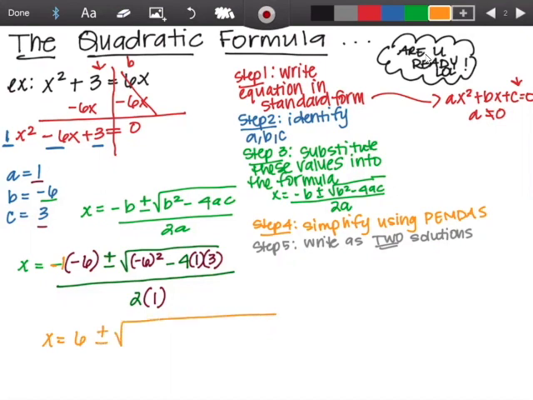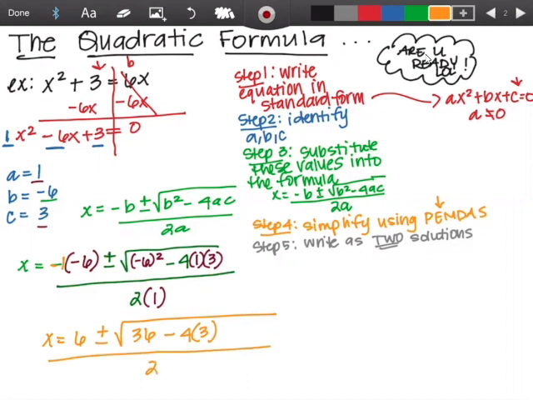we are going to do parentheses with the exponents first. So negative 6 squared is positive 36. All right, minus, and then we have to do the multiplication. So negative 4 times 1 times 3 is negative 12. Okay. And then 2 times 1 is 2.